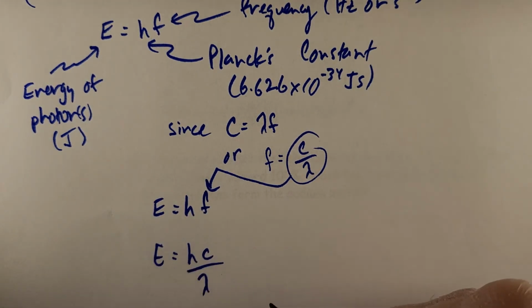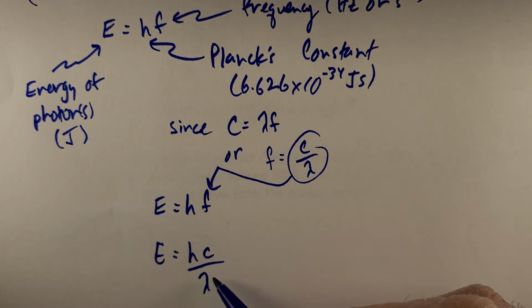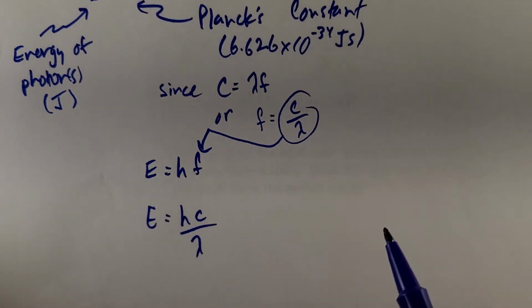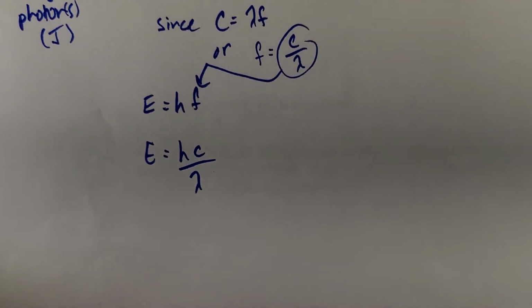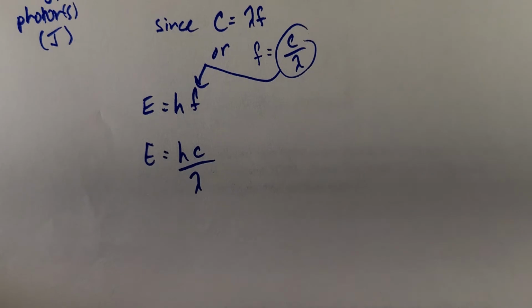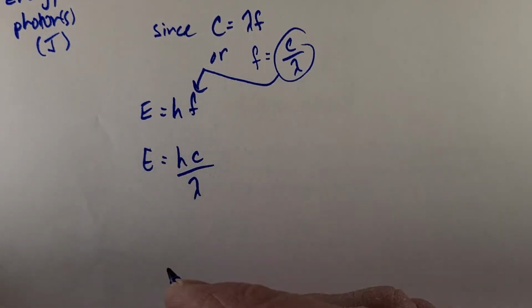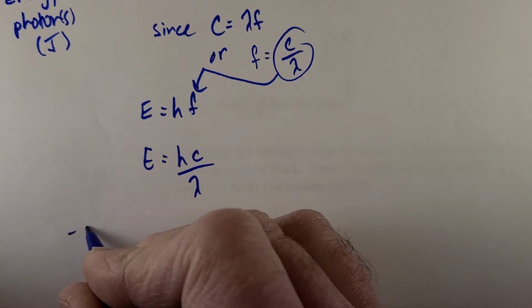All right, so that's another way. So we could figure out the energy of a photon by knowing the wavelength of it, but that wavelength has to be in meters. So quite often we have wavelengths in nanometers, of course. So what we may have to do is change that now.